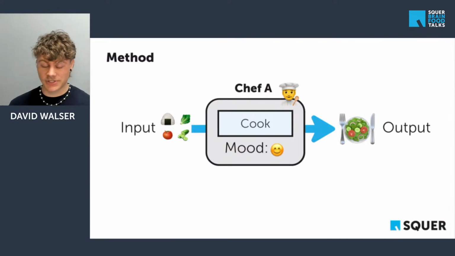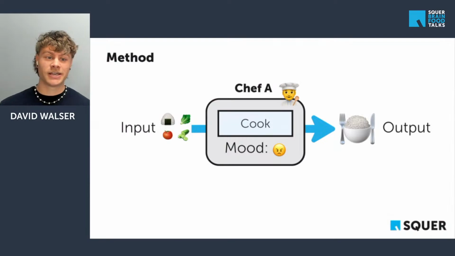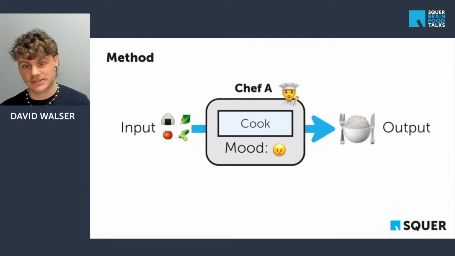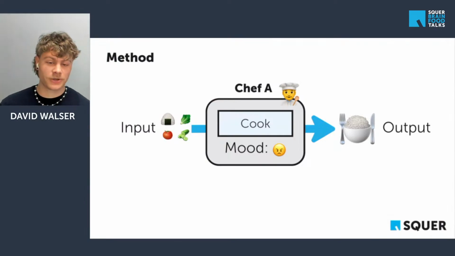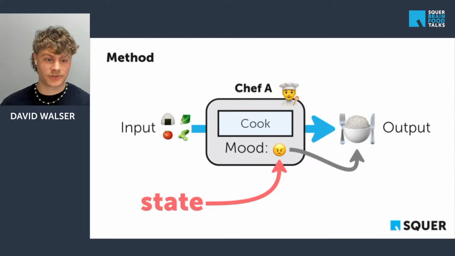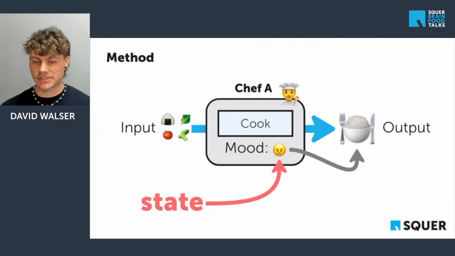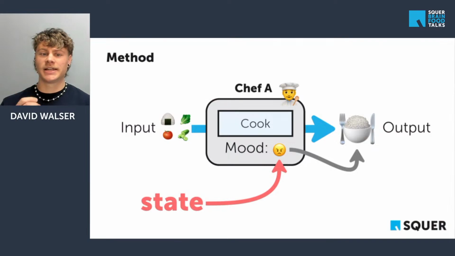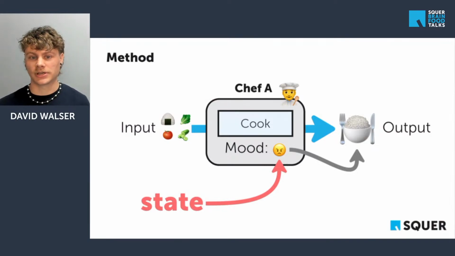But if his mood changes, he will create something else. So we did not change the input, we gave him the same ingredients, but his mood was this time a little bit different, and he created this, in this case, just a plain rice. And what we observe here is something we can consider a state. This chef has a state inside himself, inside his object, and this state is directly affecting the output of his cooking method.